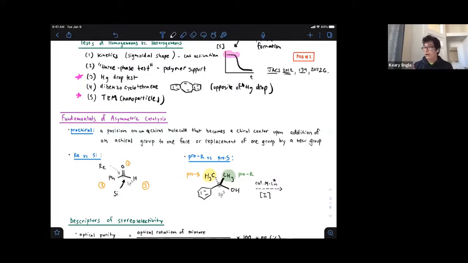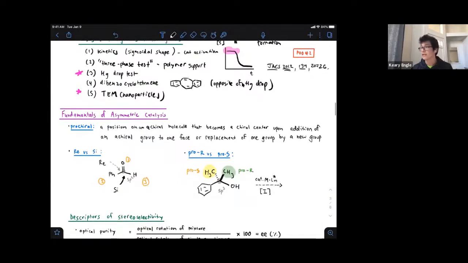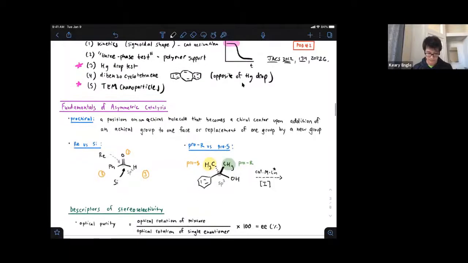And then the face that is associated with a clockwise rotation is the Re face, just an analogy to R. And the face that's associated with the counterclockwise orientation is associated with the Si face, an analogy to S.